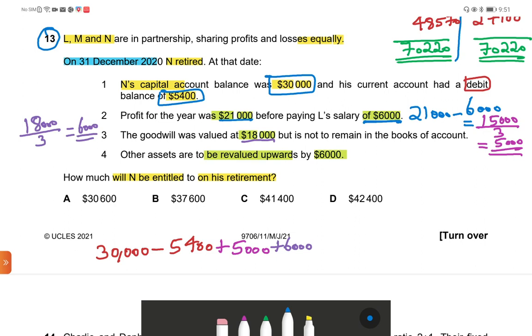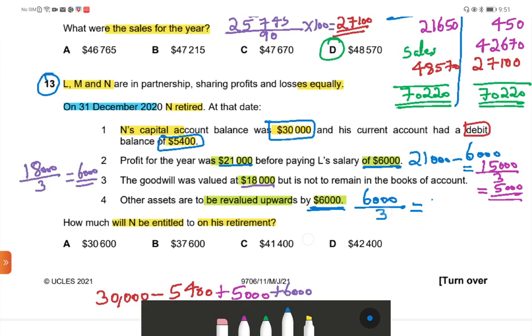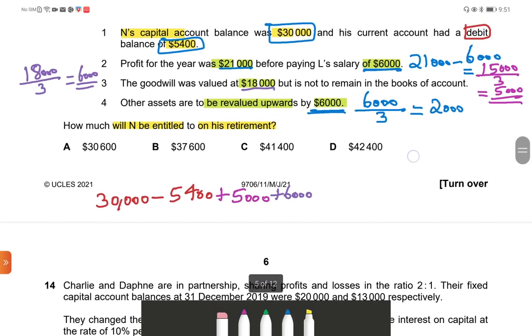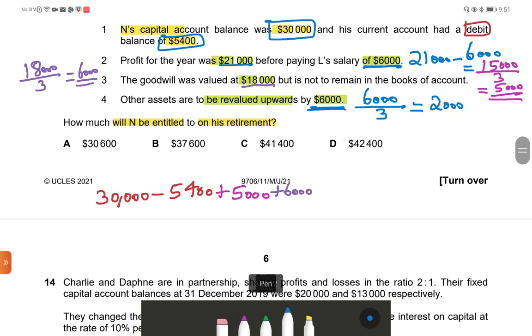So how much is the value more? 6,000 value more. It means 6,000 is the revaluation profit divided by 3. His portion 2,000 L has to get. L has to get 2,000. That also we added.